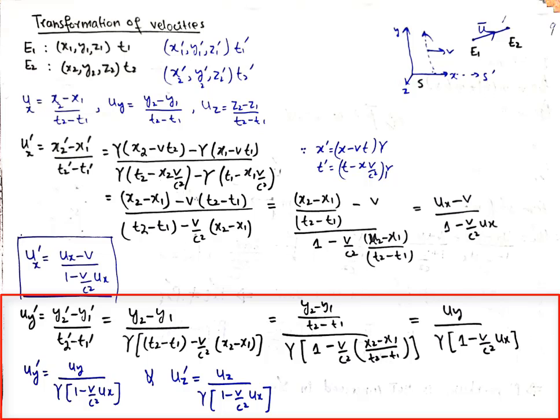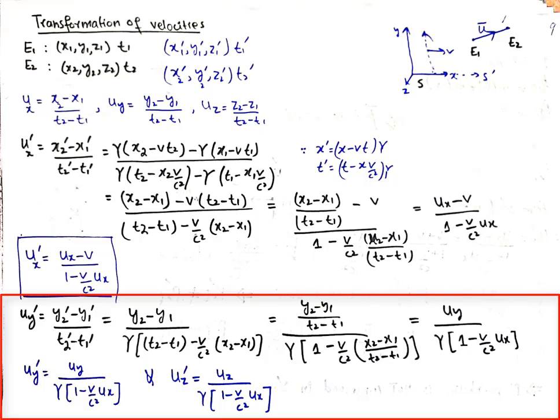So we will have y2 minus y1 divided by gamma times (t2 minus t1 minus v by c squared times (x2 minus x1)), and again I can divide the upper and lower term by t2 minus t1. So this gives me (y2 minus y1) divided by (t2 minus t1), and gamma times (t2 minus t1) divided by (t2 minus t1) gives me 1. Therefore we have 1 minus v by c squared times (x2 minus x1) divided by (t2 minus t1).